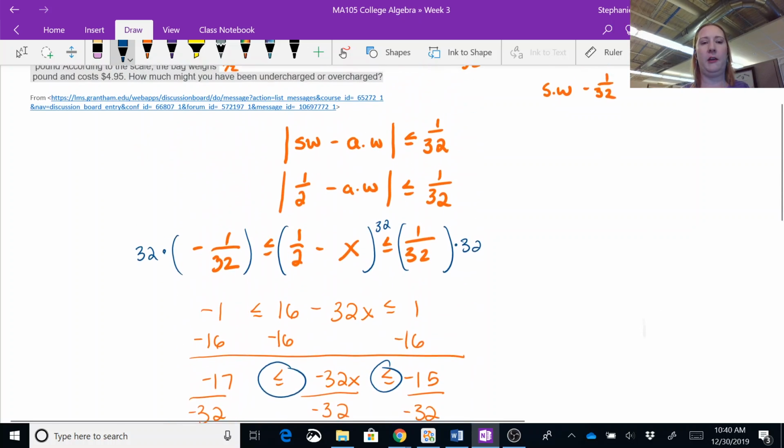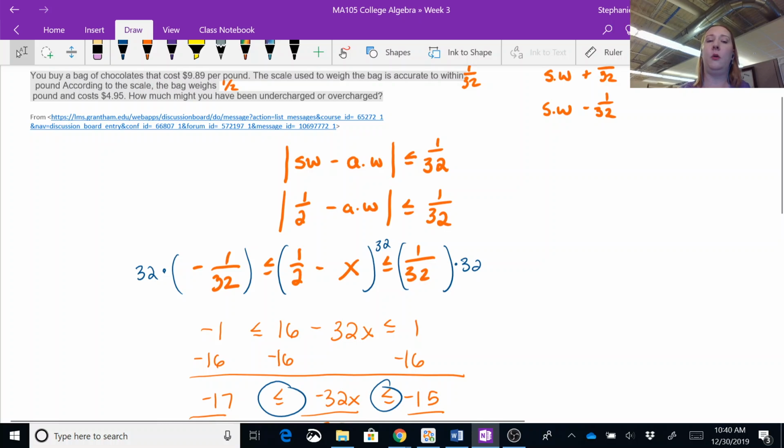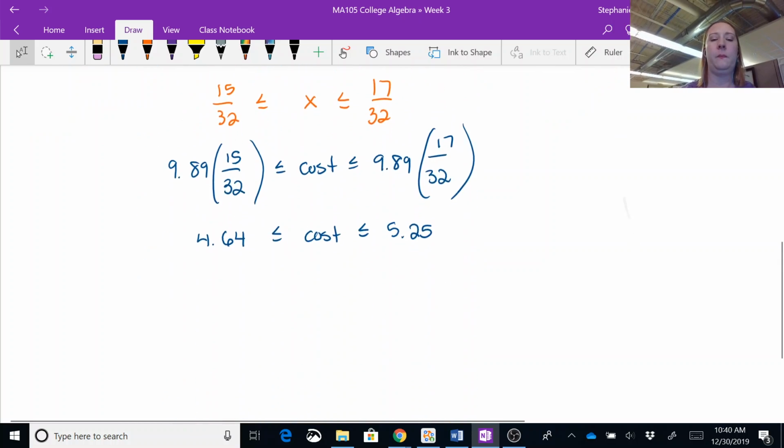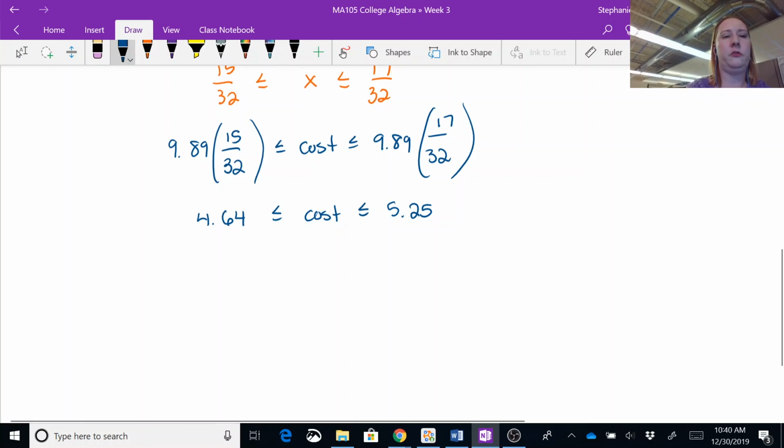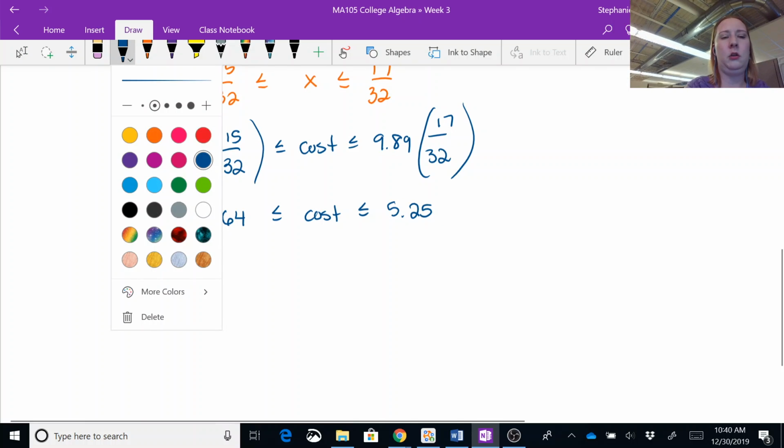So the question says, how much might you have been overcharged or undercharged? So your cost was $4.95. So I'll just switch colors again. Let's say, do purple. Now let's do green.